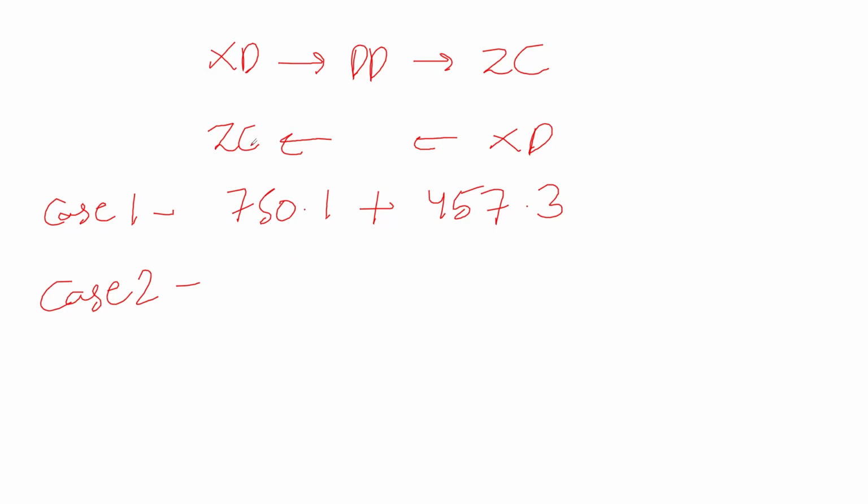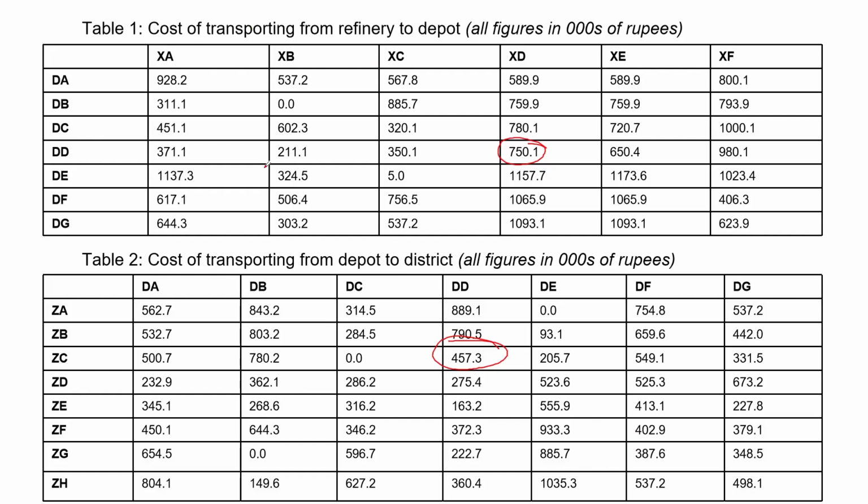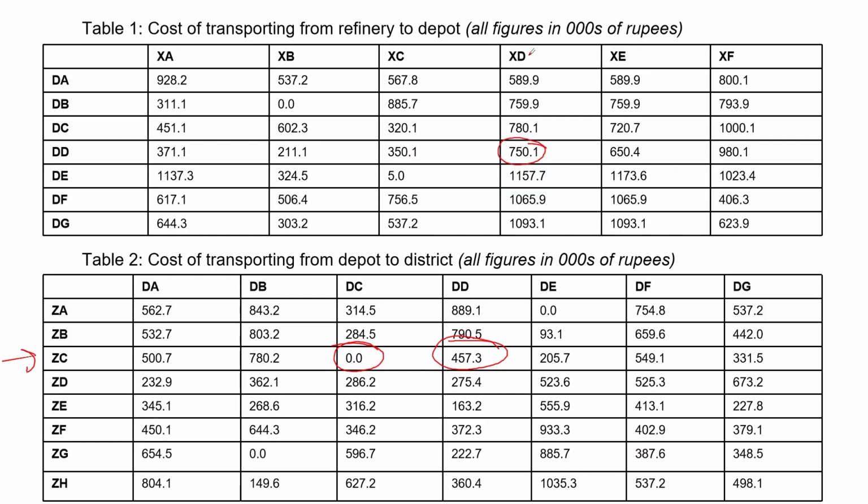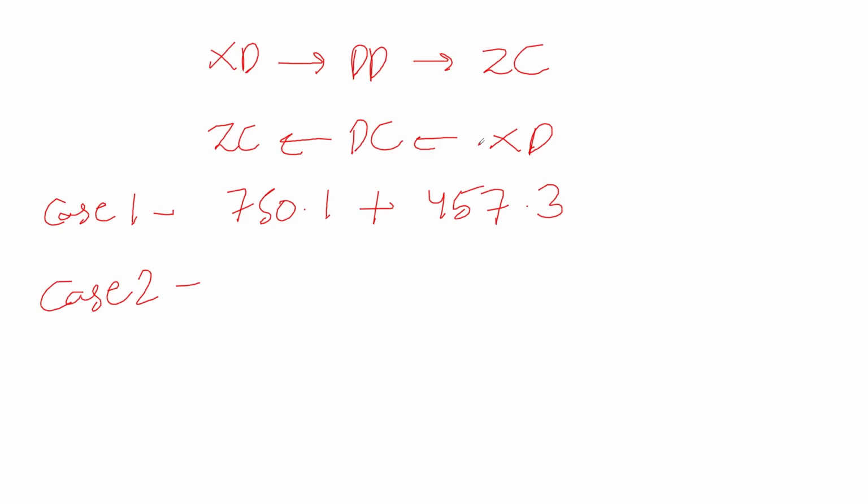Now case 2 is, I have to take the destination first. So if I look at the row of ZC, the minimum price which I can find is for depot DC. So DC. And let's check the price from XD to DC, how much? 780.1.